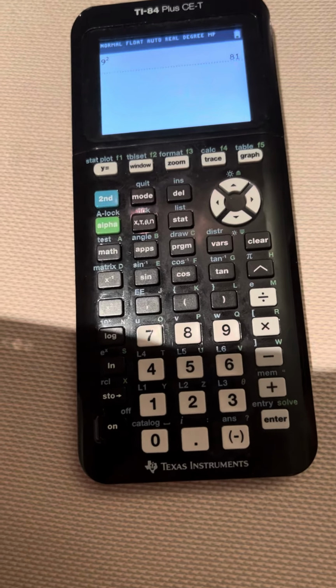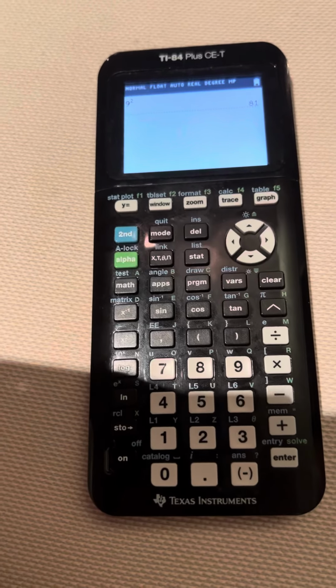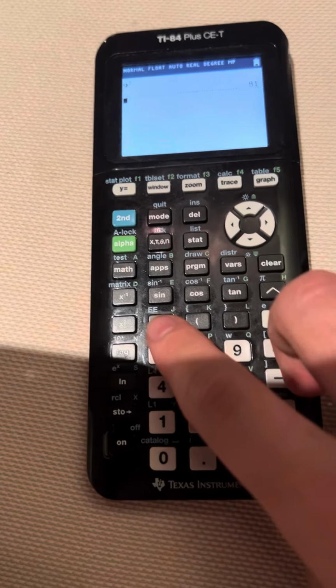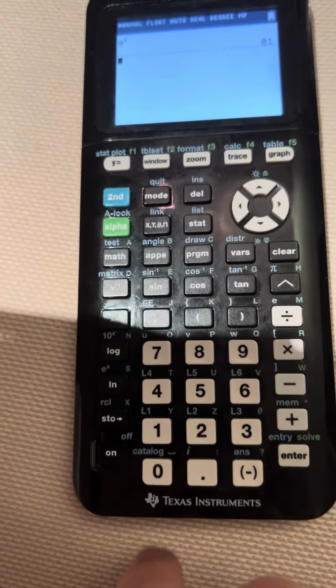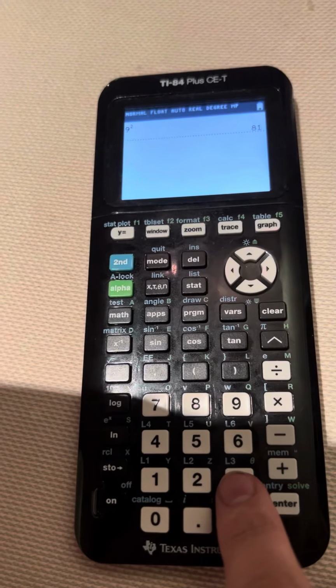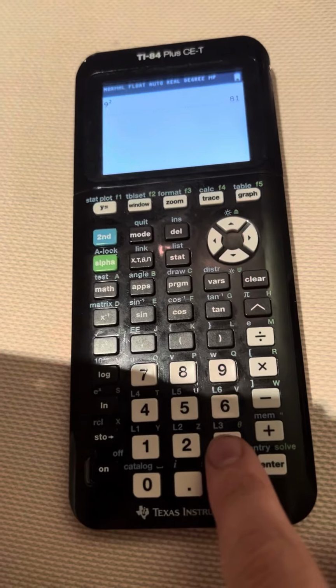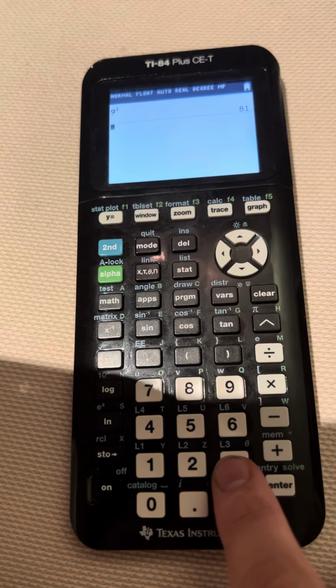Most of the time it is squares or cubes, but when you use squares, using this x square button is much easier and more useful. So these are the main rookie mistakes that most people make that I've noticed.